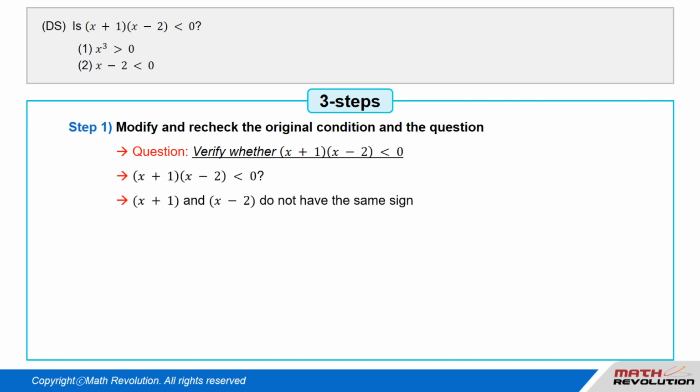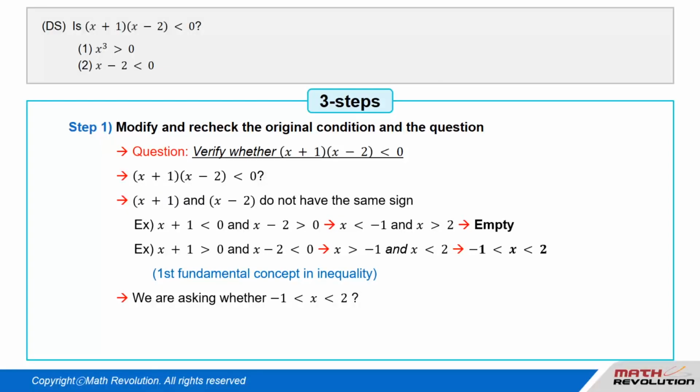This means that the factors x + 1 and x - 2 do not have the same sign. Thus, x + 1 is smaller than 0 and x - 2 is greater than 0, or x + 1 is greater than 0 and x - 2 is smaller than 0.